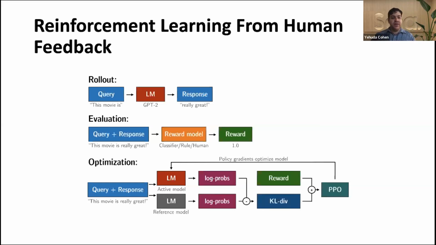So you provide the query and response to both of the models. You then calculate a set of log probabilities which are outputted from each of the different models. From those log probabilities, we determine what's called the KL divergence, which is how different these models are.